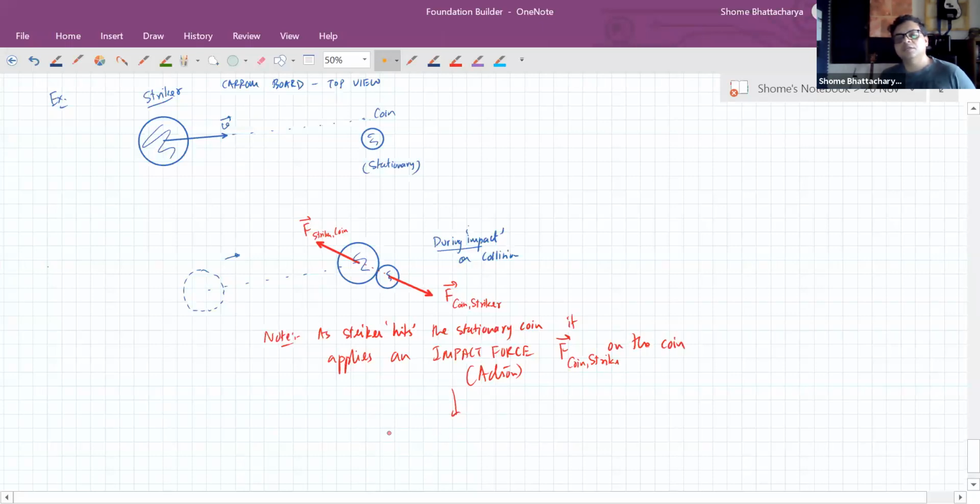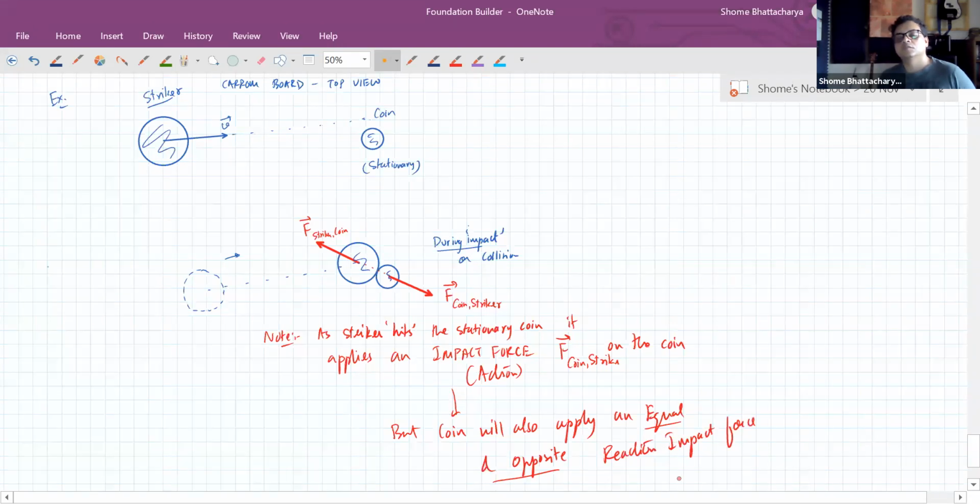But the coin will apply an equal and opposite reaction force on the striker.